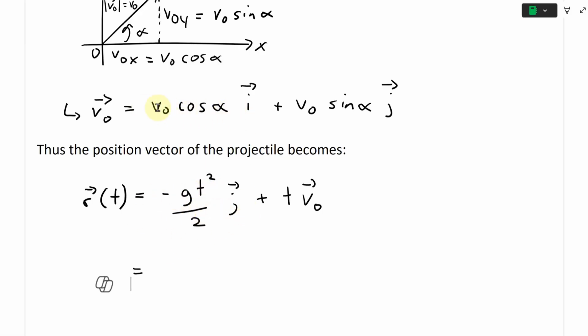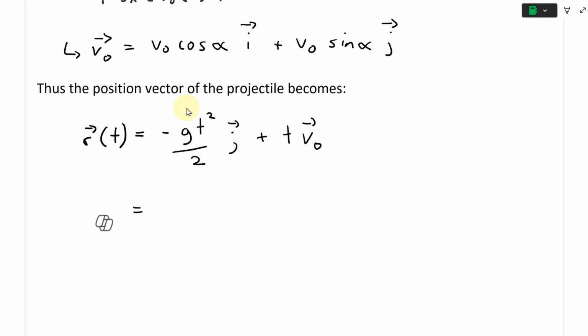So we have the i component: I'll put in a bracket, v naught cosine alpha, and then multiply by t. You put the bracket so it doesn't look like it's alpha t inside there.